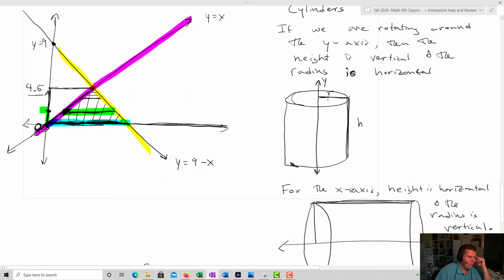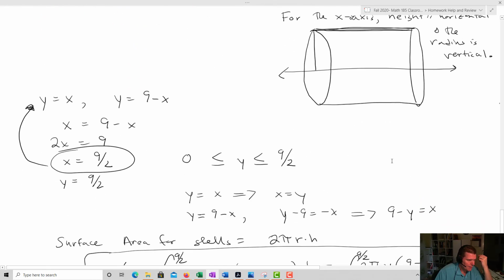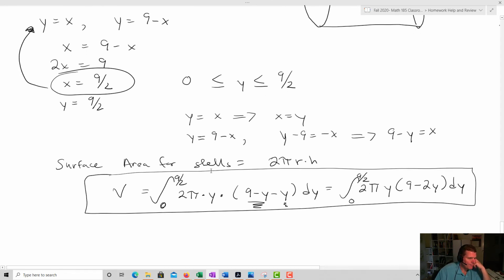I'm rotating in this case with respect to the x-axis, so my radiuses are all going to be y's, and my heights are going to be in terms of y as well. And so we want to think in terms of the top one, the one that's furthest from the y-axis, minus the one that's closest to the y-axis, and that gives me my height. Plug it into our function, and we end up with the volume based upon cylindrical shells. So this completes the lesson.